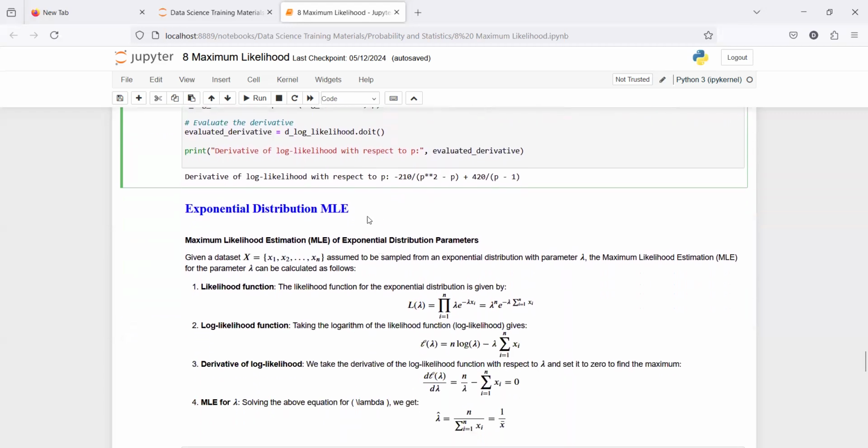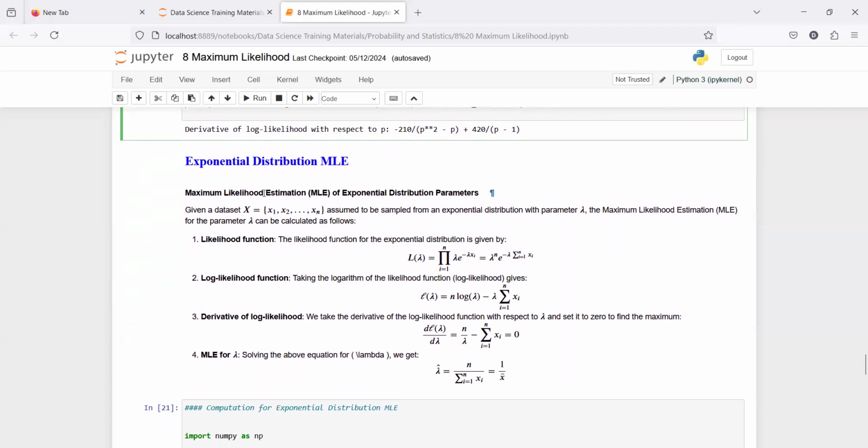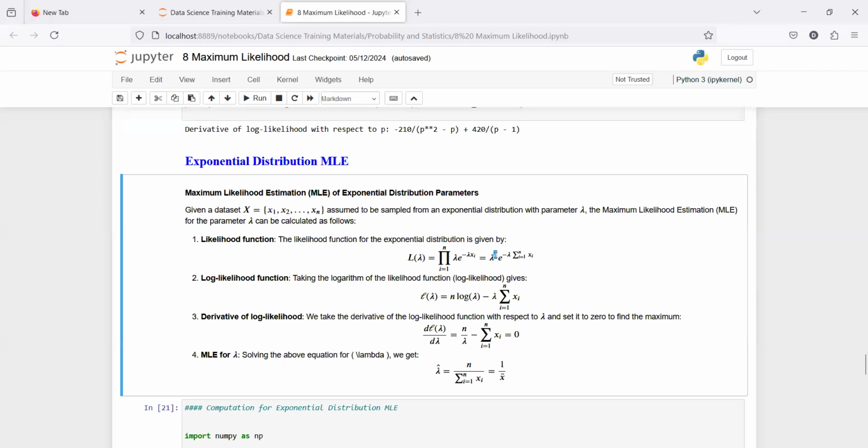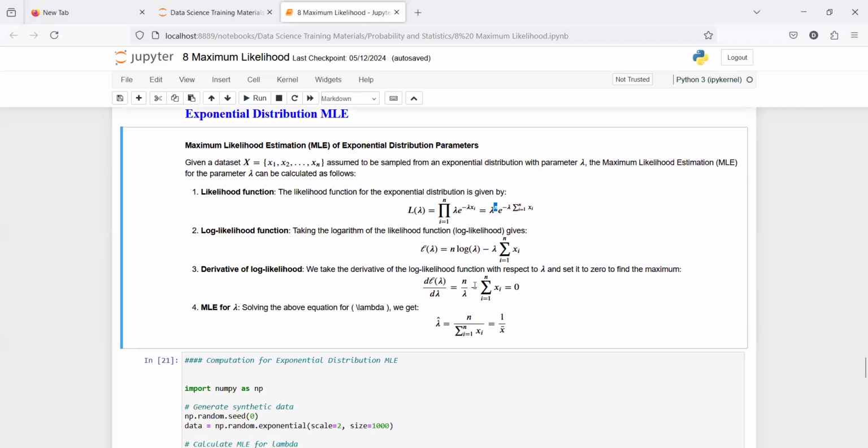Moving on to the exponential distribution MLE, the maximum likelihood estimation of the exponential distribution. Again, the likelihood function is basically a multiplication of lambda e to the negative lambda x. We multiply this out n times, which gives lambda to the n power times e to the negative lambda summation x. Then if we take the logs, we make it an additive relationship, so it reduces to this term here. Then we take the partial derivative, this is what we get, and finally we get this term.